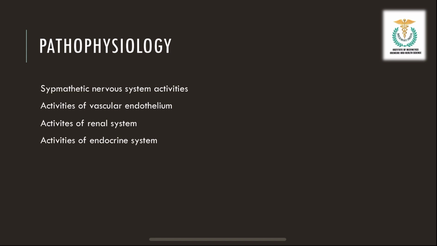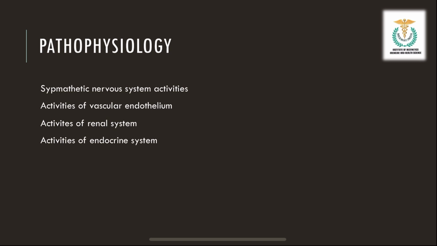So in sympathetic nervous system activities, what happens is when the BP is decreasing, the activation of sympathetic nervous system will occur. The increased sympathetic nervous system activity increases the heart rate and cardiac contraction. So the increase in the heart rate and cardiac contraction produces vasoconstriction in the peripheral arterioles and promotes the release of renin from kidney.